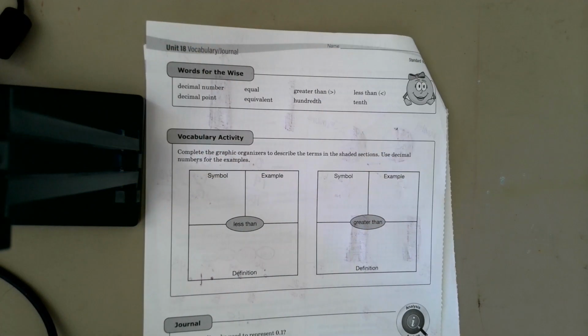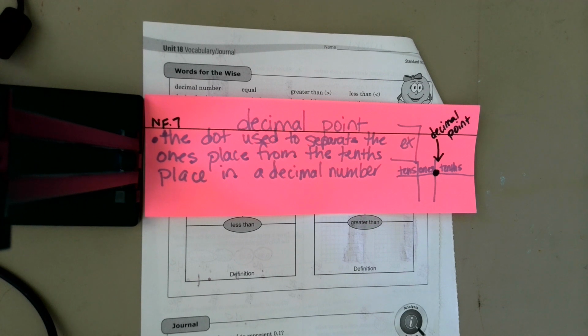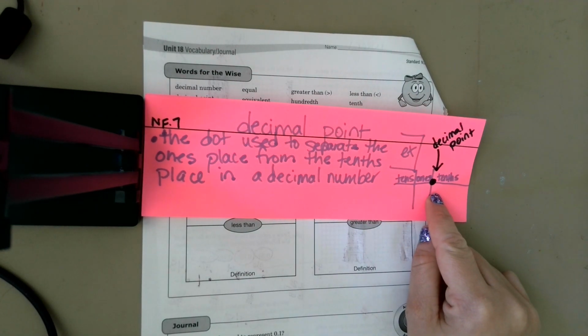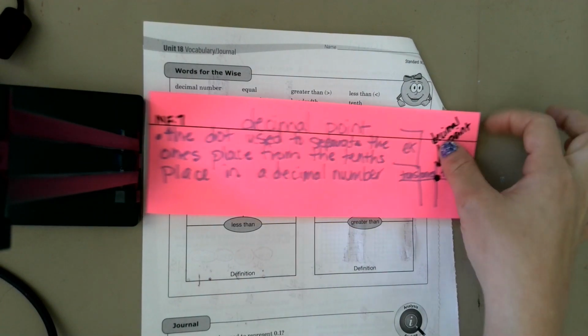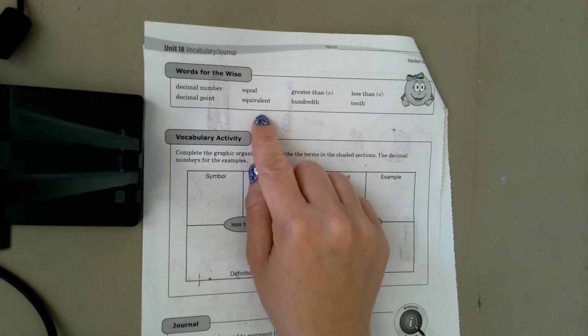All right, so then we have the decimal point. The dot, used to separate the ones place from the tenths place in a decimal number. And so this would be the decimal point. A lot of you just call it a dot, but the correct term would be a decimal point.